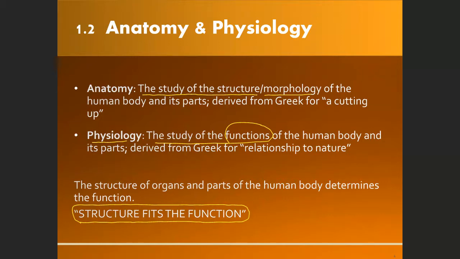So the function of the nose is for breathing, and the function of the mouth is for the digestive system. Even though both have holes, if you look closely, they have different functions because of their different structures. So again, structure fits with function.